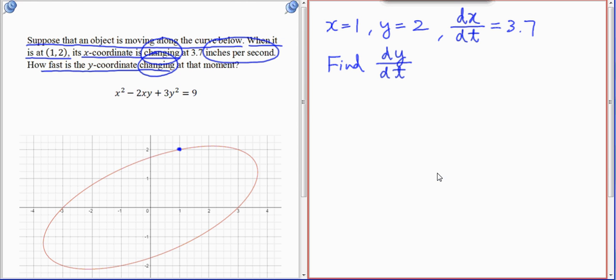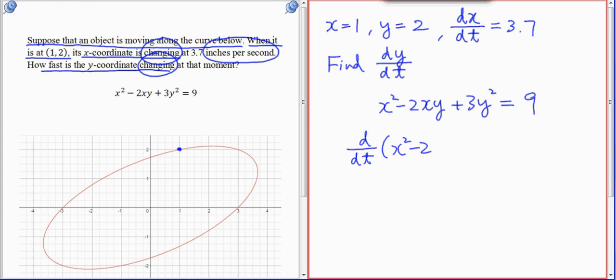And that is the question. Let's see how we're going to engage that. We have the equation, we have the curve: x squared minus 2xy plus 3y squared equals 9. So we are going to take the derivative of both sides with respect to t. The derivative of the left-hand side, we have 3 terms, so we are going to use the sum and difference rule.